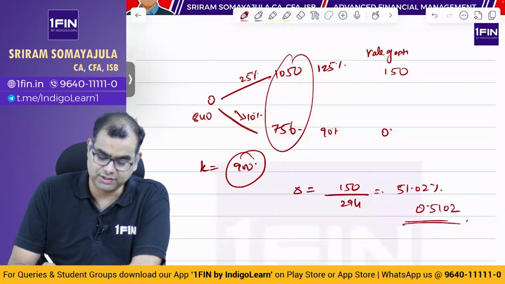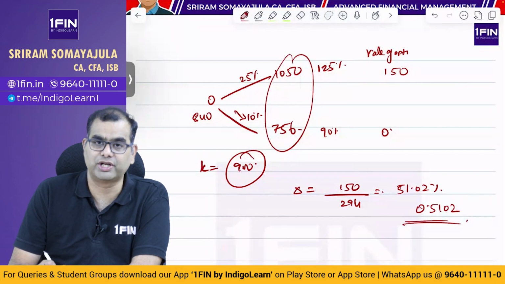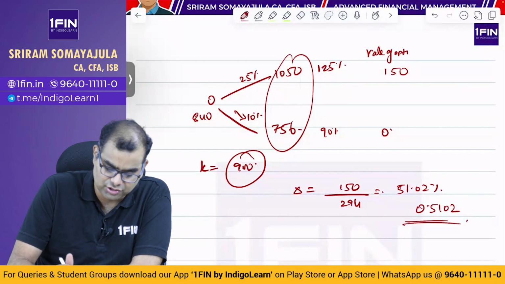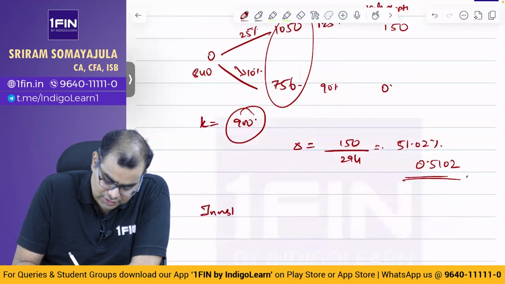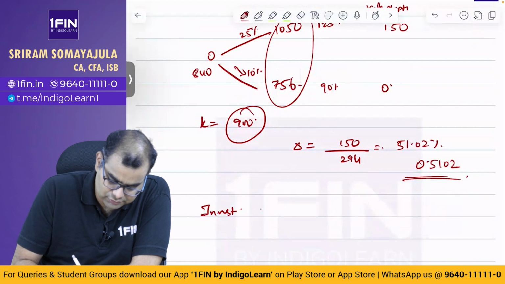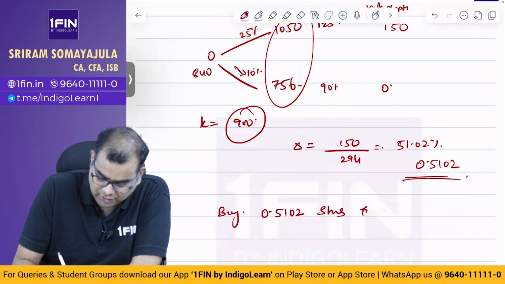So what is this point? If you sell a call, you have to buy 0.5102 shares so that the portfolio is fully hedged. So buy 0.5102 shares and sell a call.